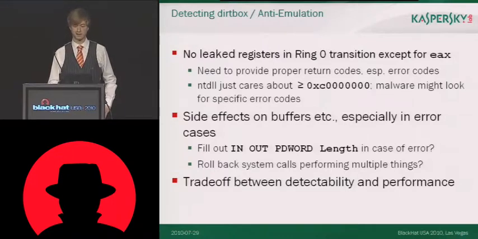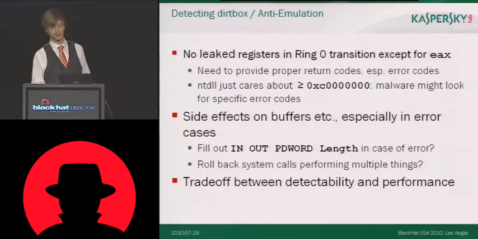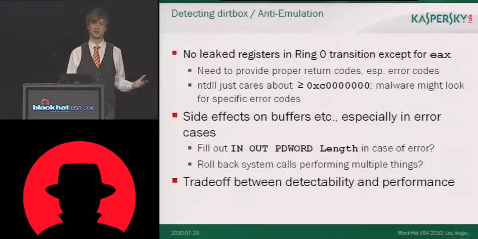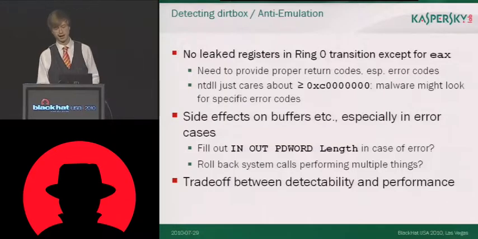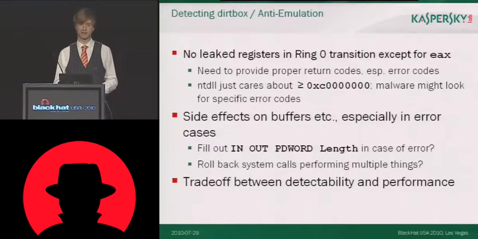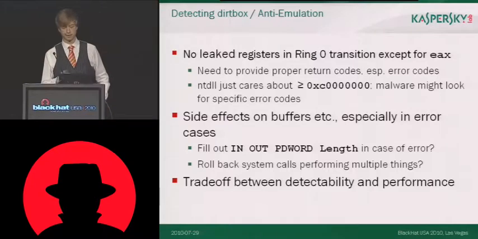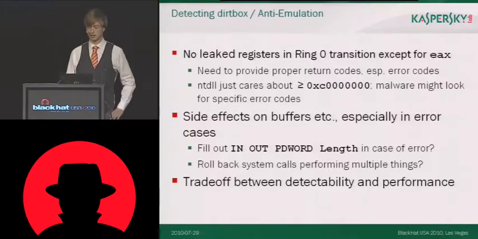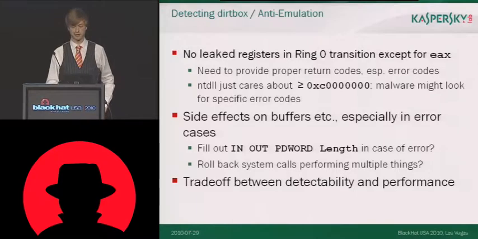But one of the ways to detect this, for example, would be that you can check return codes. I mean, by definition, there's very few data being leaked from ring 0 to the user land because, well, this is basically the ring 0 separation. But one register, EAX, of course, contains the return value of system calls, and that's some detectable leaked information too, because we need to provide very accurate return codes, especially in case of error.